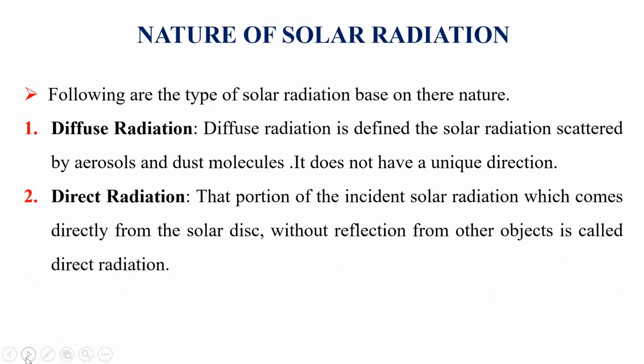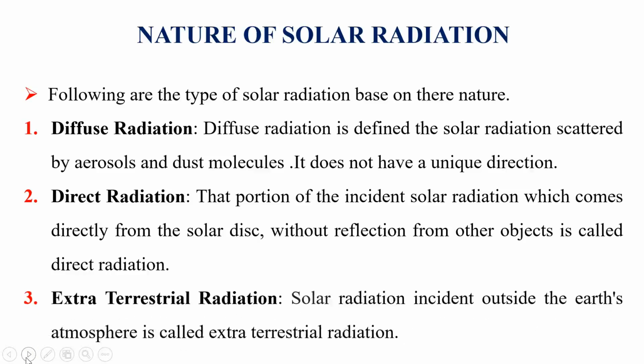Another type is direct radiation. That portion of incident solar radiation which comes directly from the solar disk without reflection from other objects is called direct radiation.